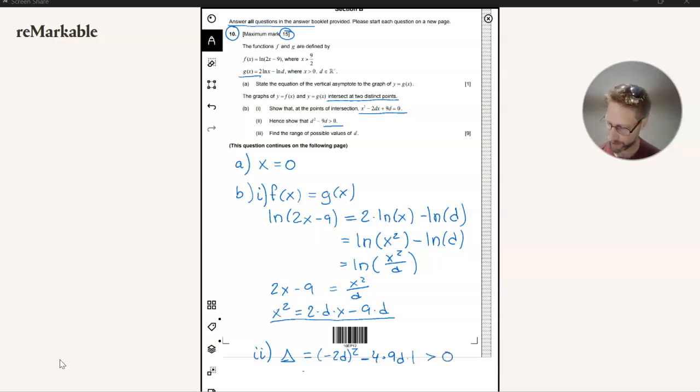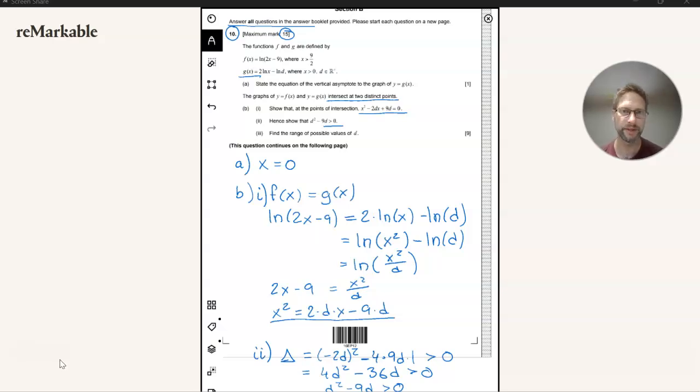If we simplify this, we get 4d squared from the first one minus 36d from the second one is larger than 0, which is kind of what we wanted, except that we can divide by 4 on both sides. And we can do that on an inequality, because with inequalities you are allowed to multiply and divide by positive numbers. So dividing by 4, we get that d squared minus 9d is also larger than 0. And we're done with 2.